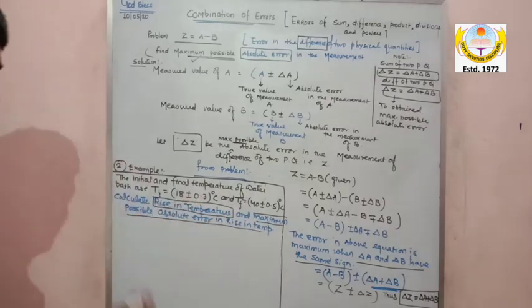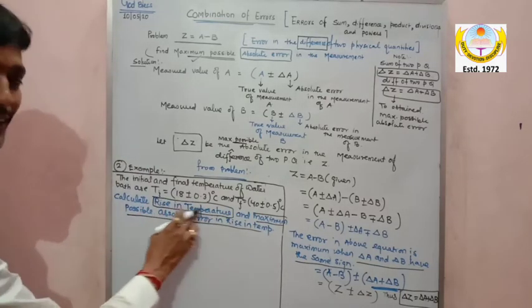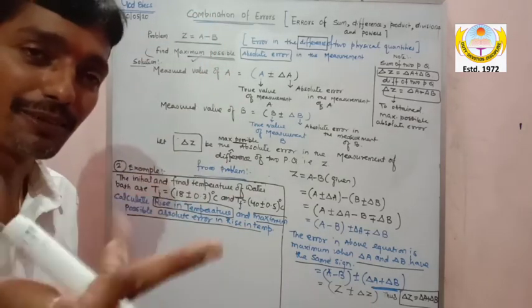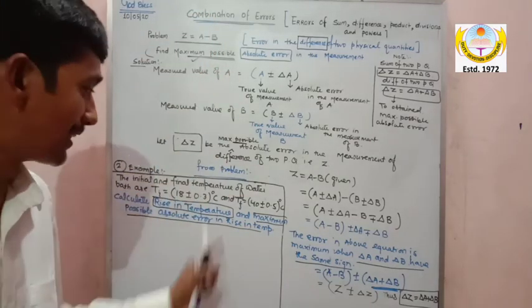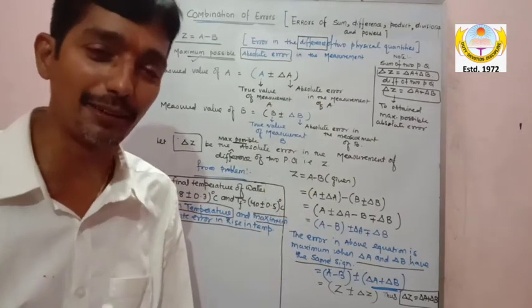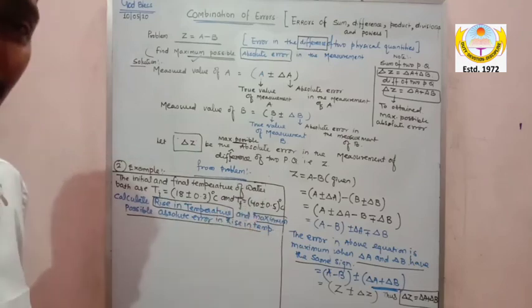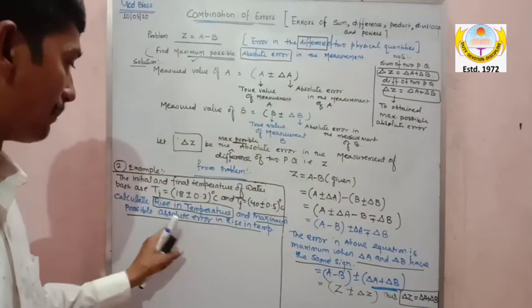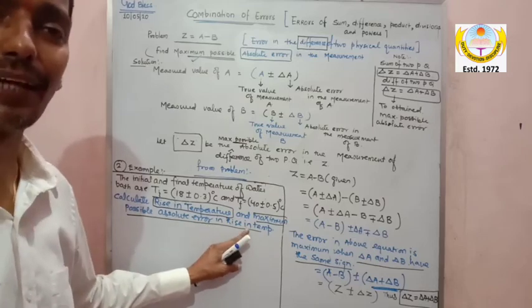So now, my dear, calculate the rise in temperature. Rise means increase, change. This is a sum based on subtraction of two physical quantities. Subtraction. Rise means increase, change. And the maximum possible absolute error in the rise in temperature.